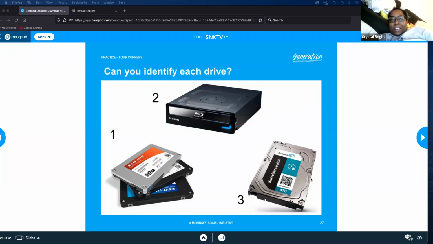Hard disk drive. We also call those mechanical drives. Has all the moving parts. You can even kind of see that round shape right here, which is where the platter would be.